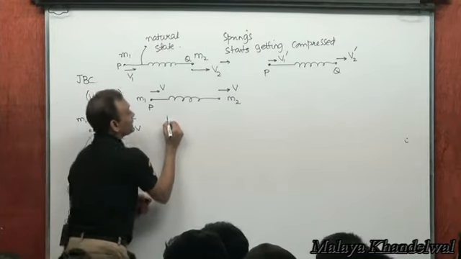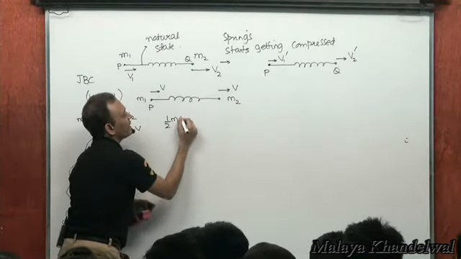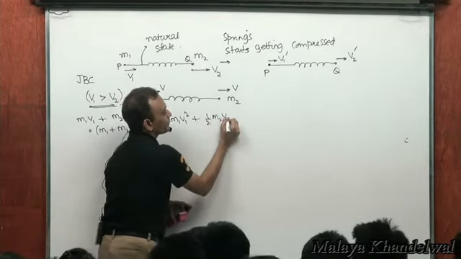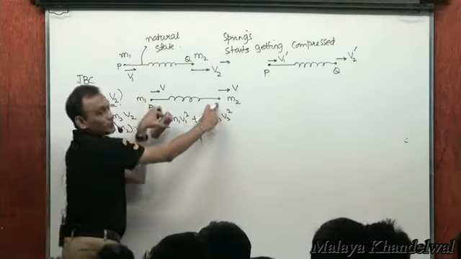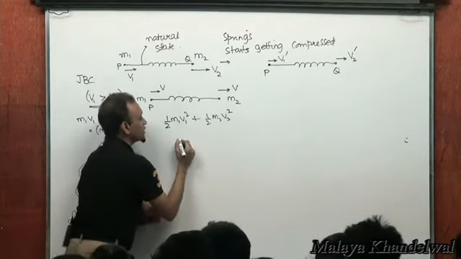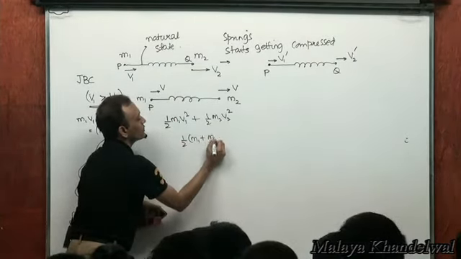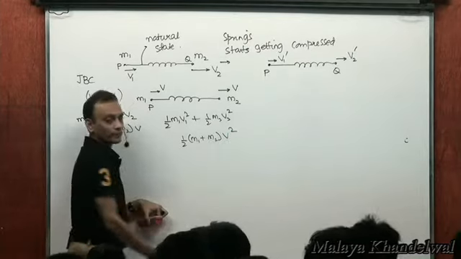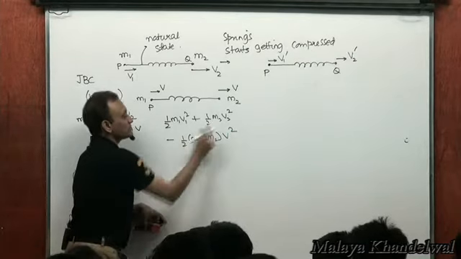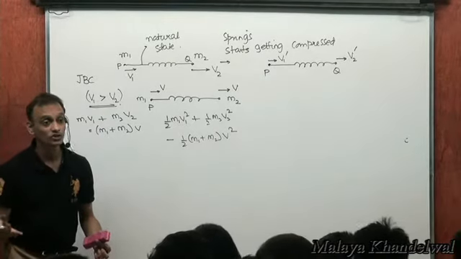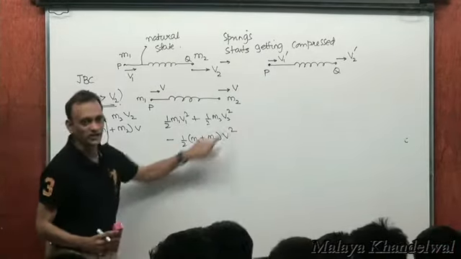What was the total kinetic energy that we had? Half m1 v1 square plus half m2 v2 square. Now in this intermediate state, the kinetic energy that the system has is half m1 plus m2 into v square. So this minus this will give me the loss of kinetic energy till this point. This is the loss in kinetic energy till this point, yes or no?